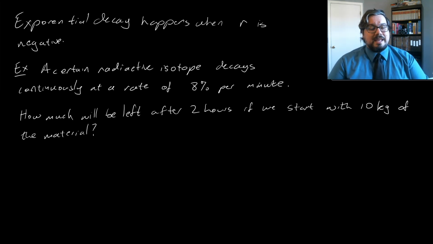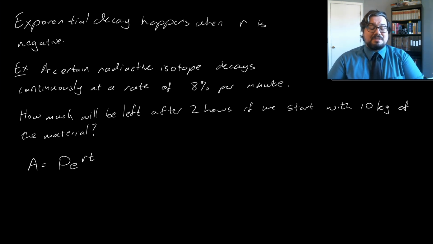So in this case, we can still use the familiar continuous growth or decay formula, A equals P e to the rt. Now, there are a few things that we need to determine. Some of them are easy.